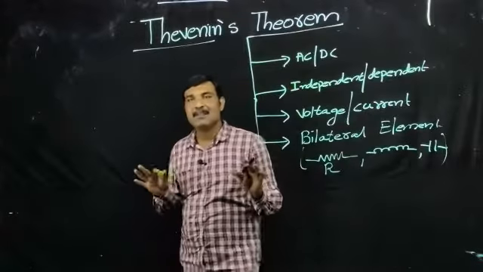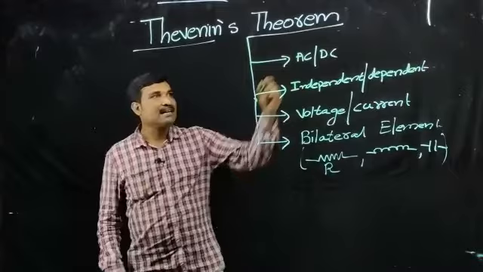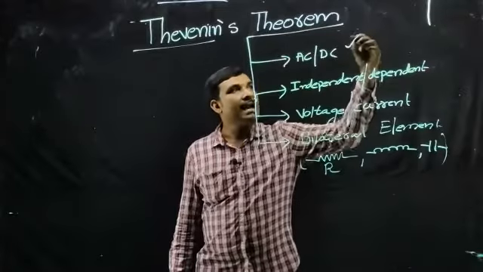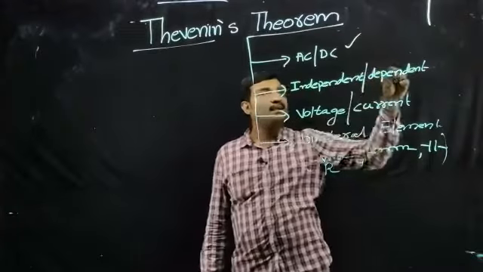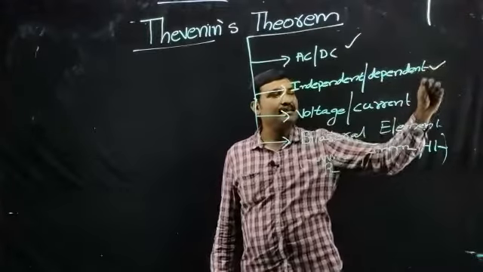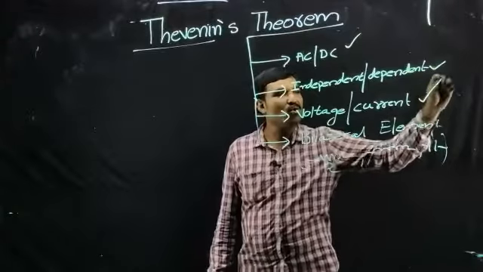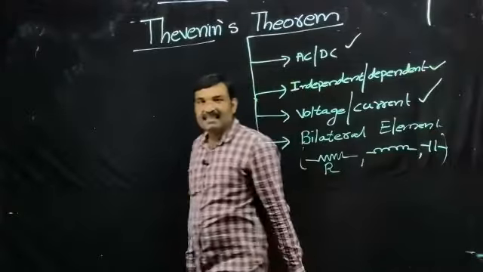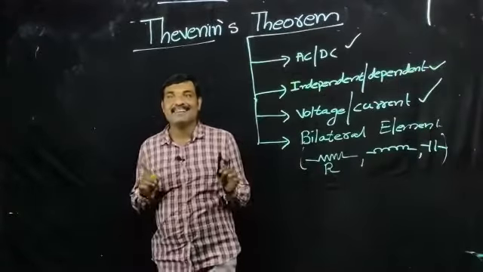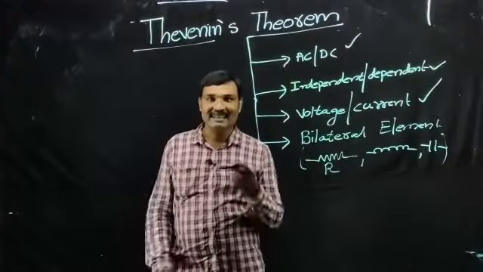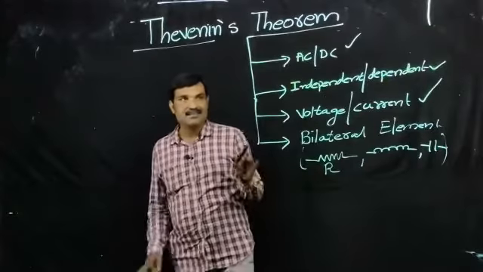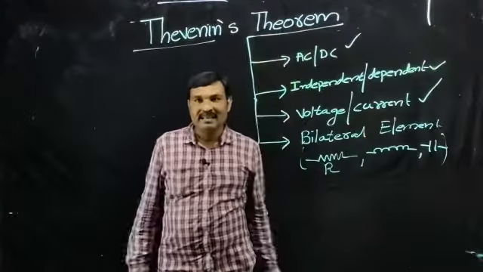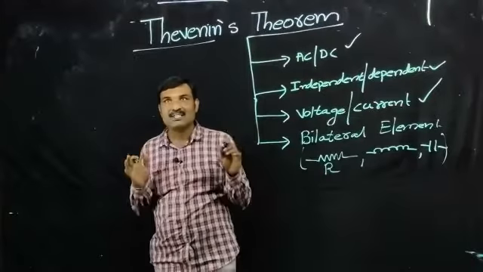So Thevenin's theorem is applicable for a network consisting of both AC and DC. The sources may be independent or dependent, current source or voltage source. And the elements should be bilateral elements such as resistance, inductance, and capacitor. So this is the condition on the network. Then what is the use of Thevenin's theorem?